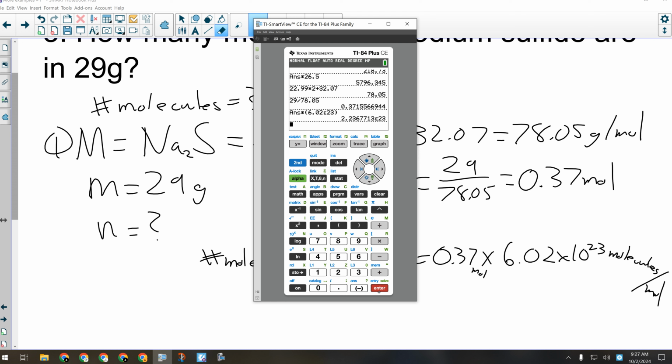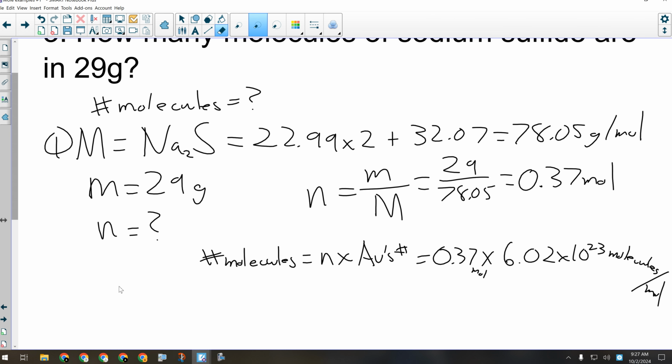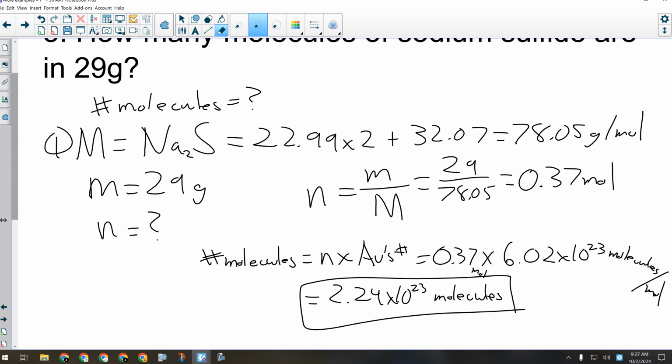We had less than a mole. We're looking at 2.24 times 10 to the 23. So you'd have a mark for givens, a mark for this step, a mark for this step, and a mark for your answer. 4-mark question.